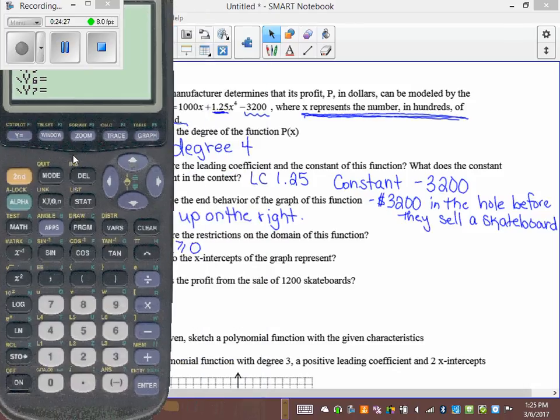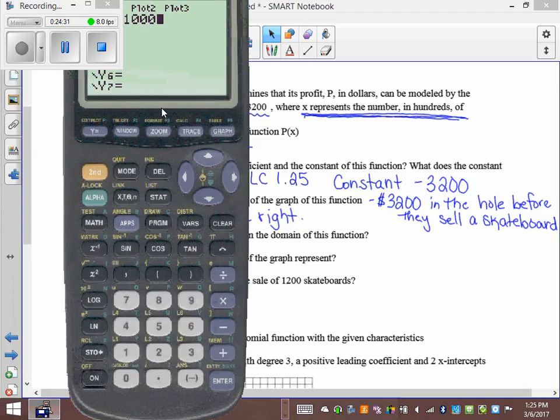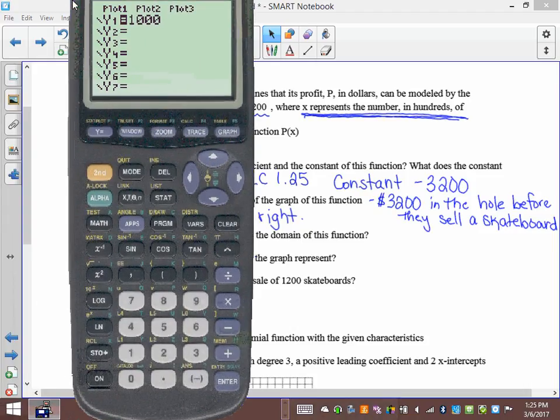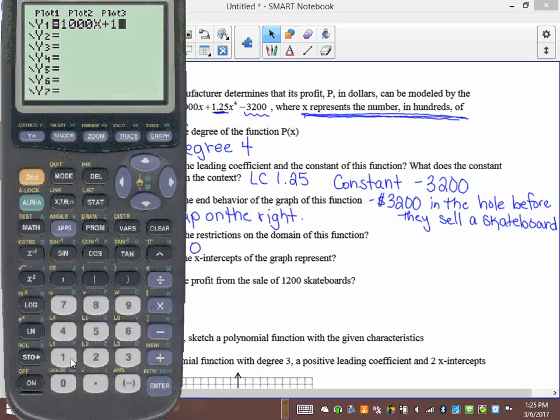I'm going to put in my equation, which is 1,000x plus 1.25x to the 4 minus 3,200. And you have to put it in the way you say it. So if you say minus 3,200, you can't press negative 3,200. It won't actually work out, okay? You need to put it in as minus 3,200.